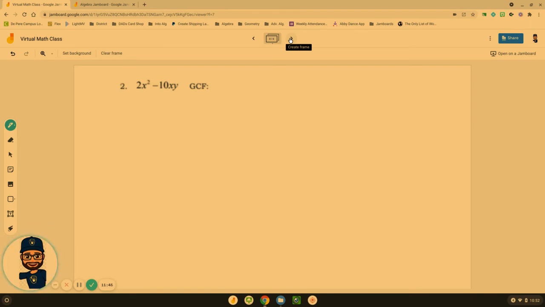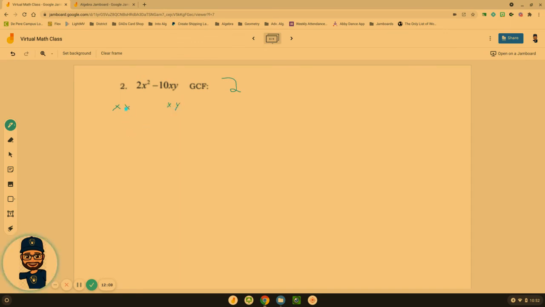2x squared minus 10xy. Again, some of you will notice, what's the common factor between 2 and 10? It's 2. The only numbers that go into 2 are 2 and 1. So it's 2. This has x squared, and this one has xy.